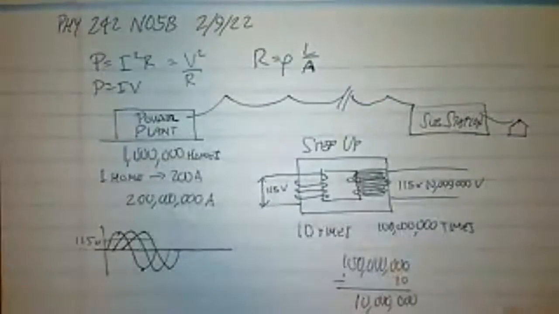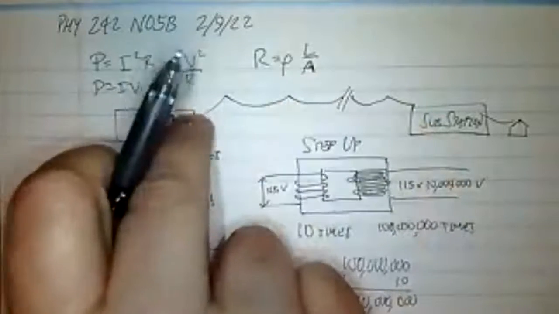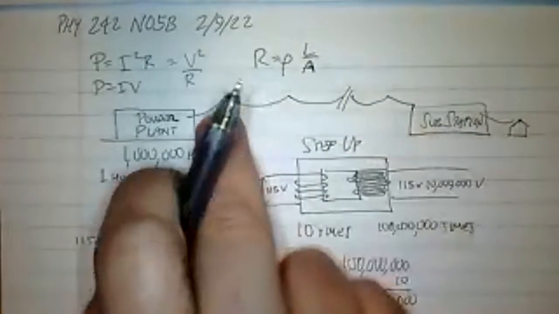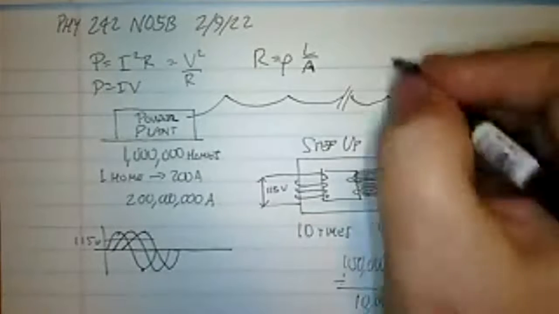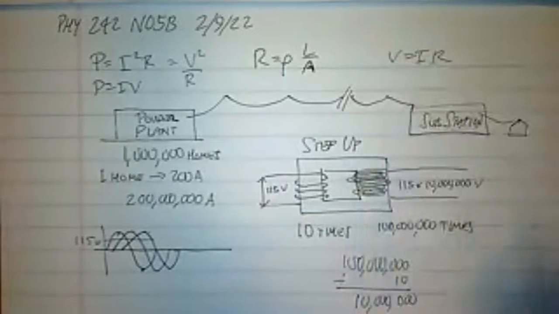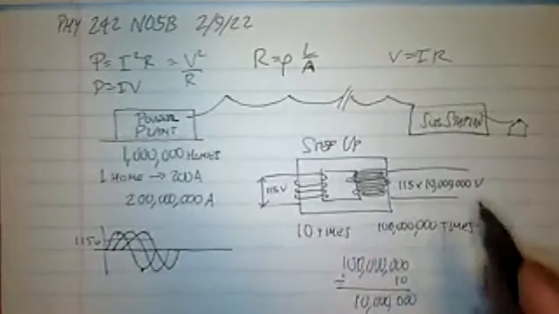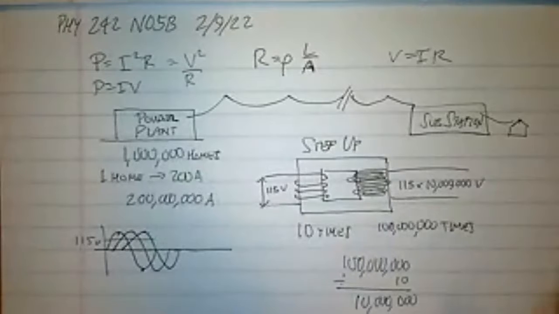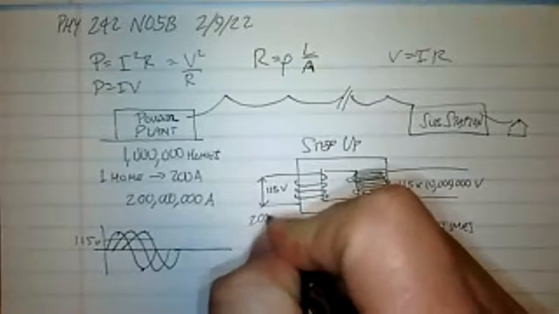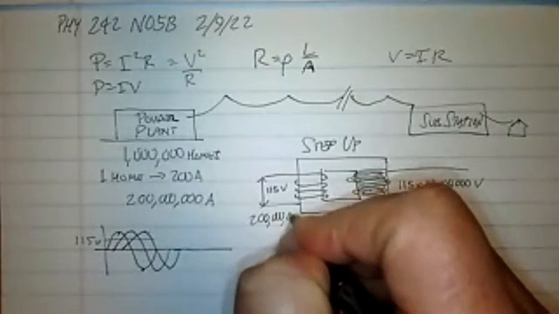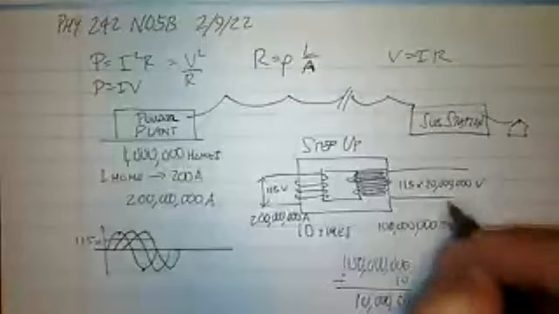It's not how high a voltage it is, it's how much the voltage drops. And that voltage drop is going to be a result of the resistance and the current going through it by Ohm's law. V equals IR, right? So by doing this, we've actually increased it to 115 times 10 million, whatever that number is, ginormous, right? But the cool thing is we're sending out 200 million amps.